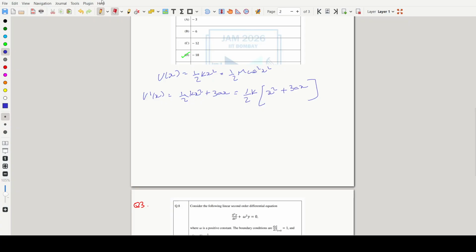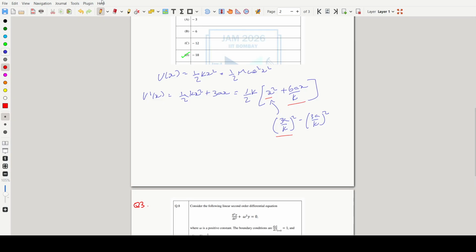Ah no, this would actually be 6a over k x. So inside the parenthesis, I will add and subtract b over 2a whole square, which is 3a over k whole square minus 3a over k the whole square. If you observe, this is a square, this is 2ab, this is b square.